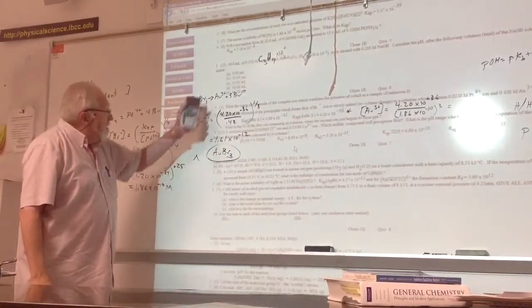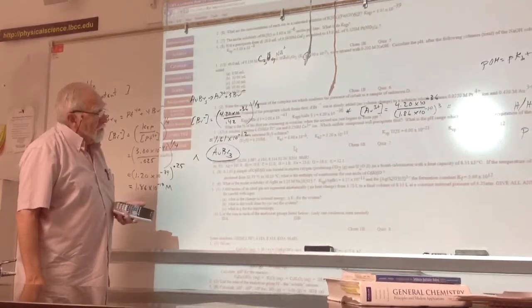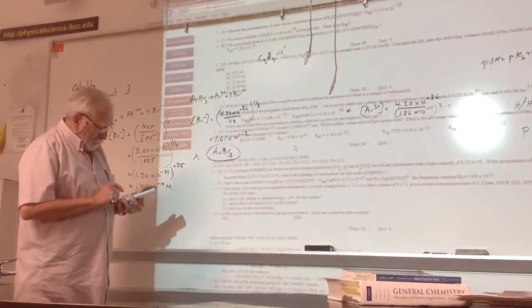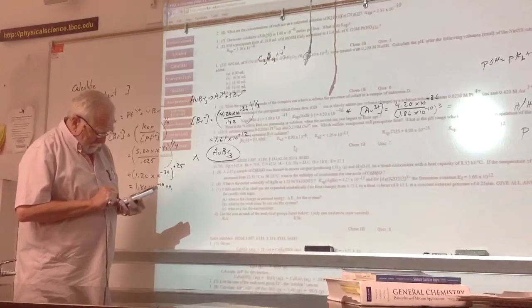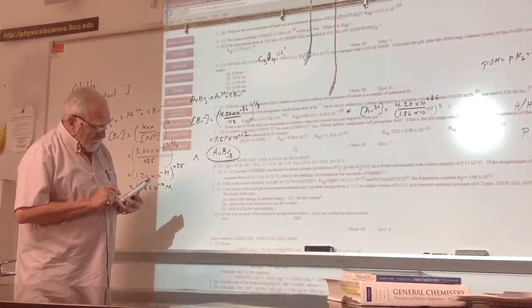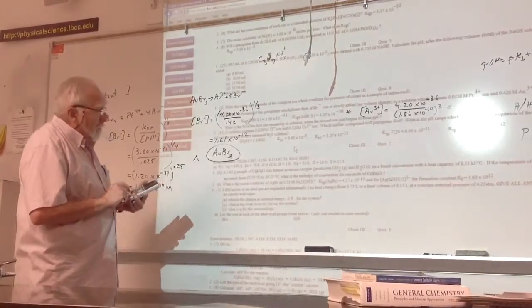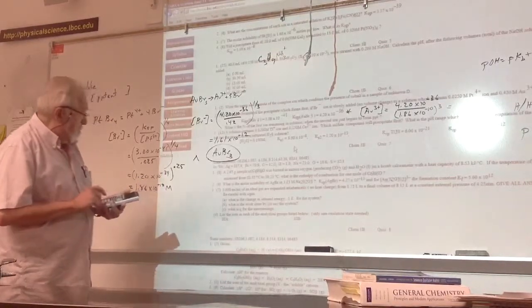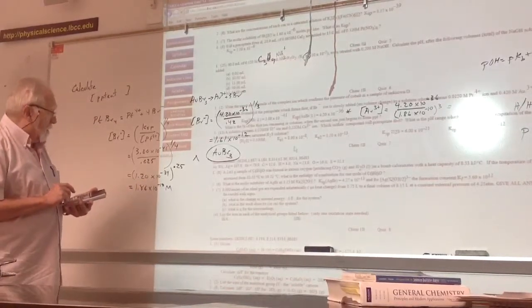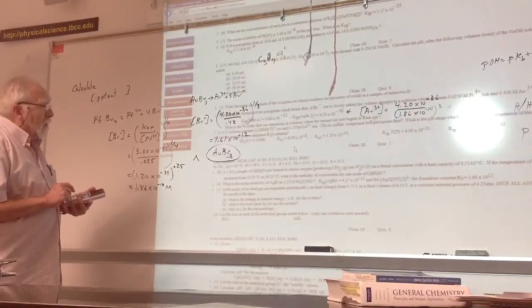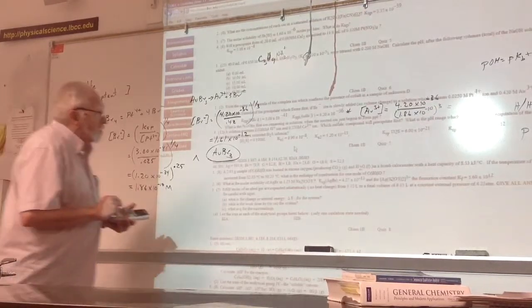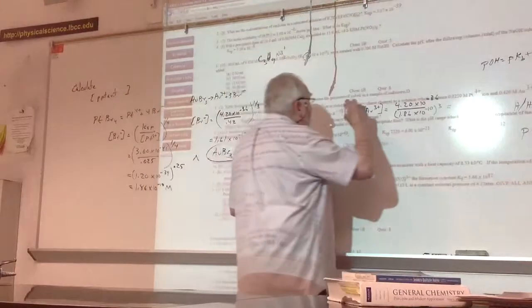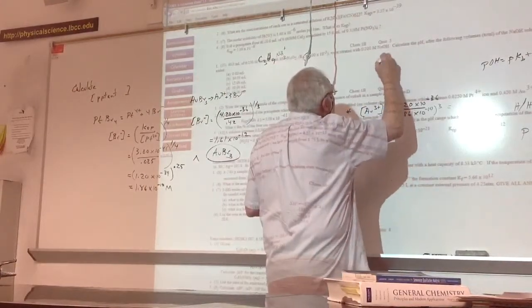Concentration in this particular equilibrium. So am I doing the whole problem to the third, not just the bottom? No, what we're doing, we're still doing this.